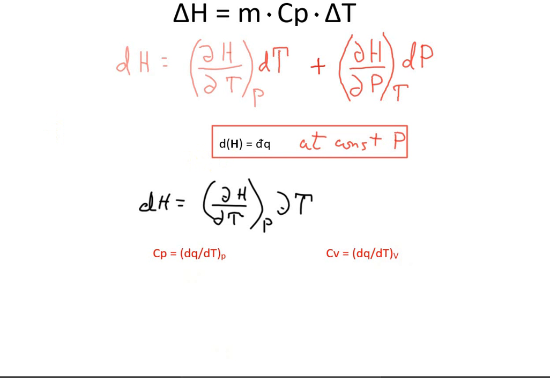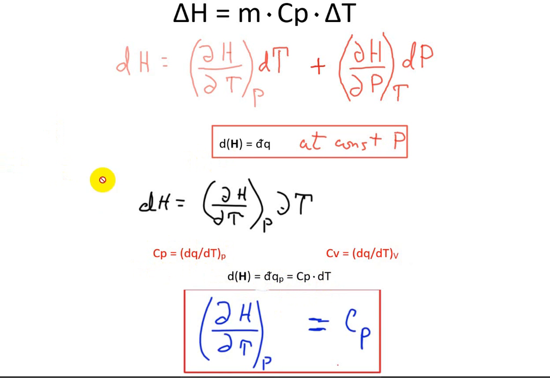So if dH is equal to dQ, and dQ is equal to Cp dT, as from this expression right here, then we can come up with this complete equality. And furthermore, we can bring in this dH/dT and show that, of course, that also has to be equal to Cp.